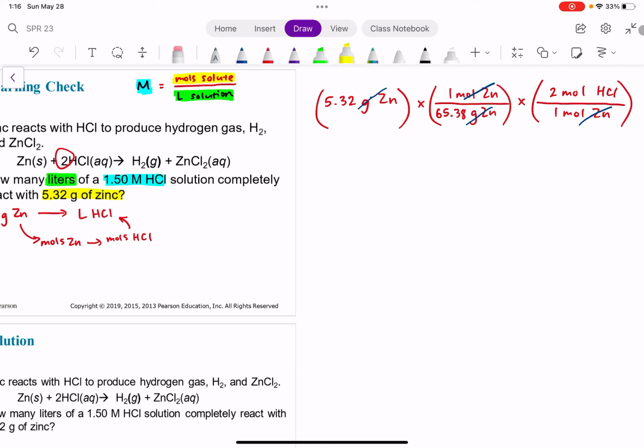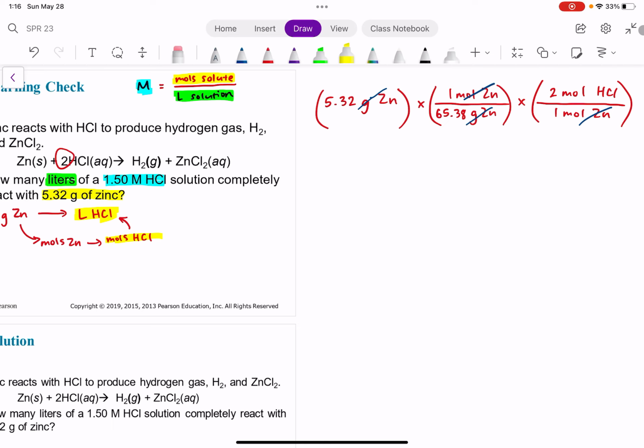Now it's kind of the new part. We've done all this before; this is just our regular stoichiometry. But how do we get from moles of HCl to liters of HCl? Using our molarity. Molarity can be used as a conversion factor. Remember, molarity is the moles of solute over liters of solution, moles per liter.